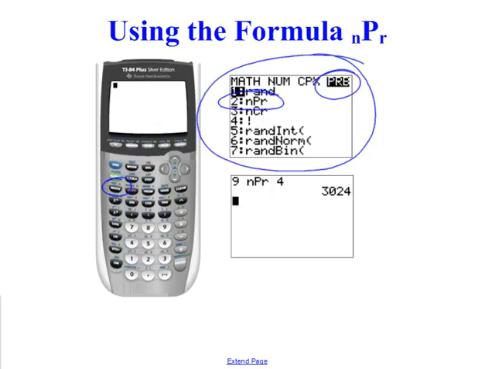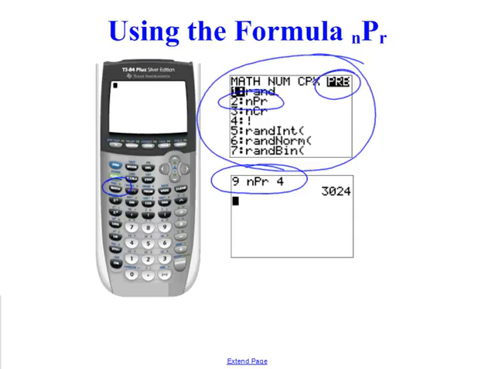If you had a problem where you had 9 total objects and you were going to find out how many different ways you could arrange 4 of those 9 objects, you would enter this into your calculator: 9 nPr 4. So you would put the 9 on your home screen, then hit the math button, go over to PRB, and select number 2, which is the nPr, and then that would show up on your home screen, and then you would enter 4.